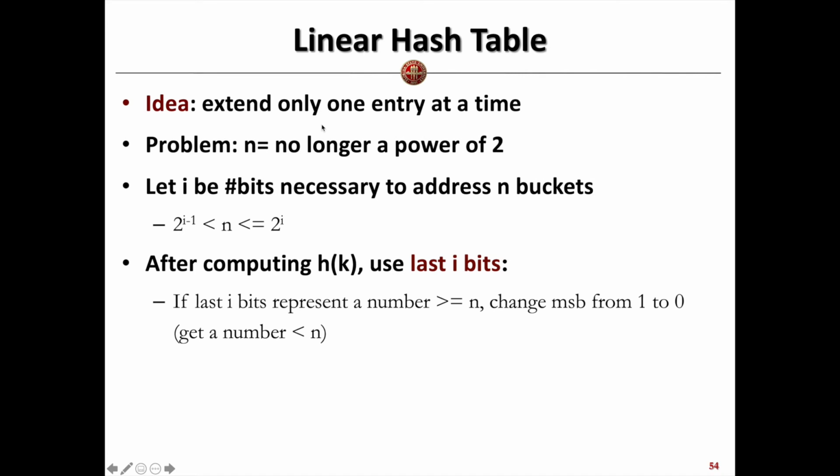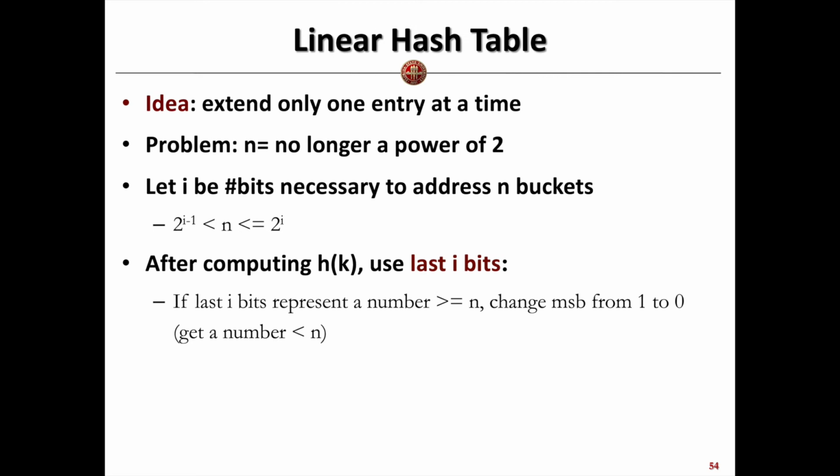And we also have some problems, because for this linear hash table, we cannot guarantee that n, the number of buckets, will be a power of 2 anymore during the running time. The linear hash table combines the conventional hash table with the extensible hash table. It also defines the hash function based on the bits in the input keys. For the linear hash table, we still use i bits for defining the hash function.